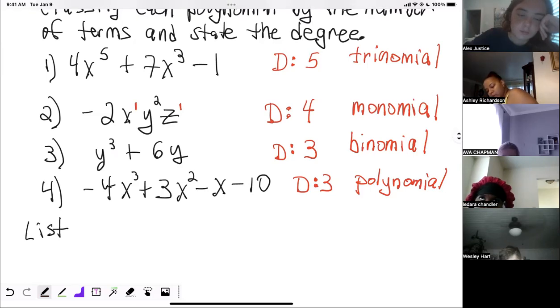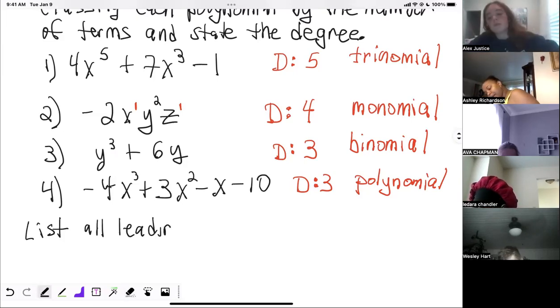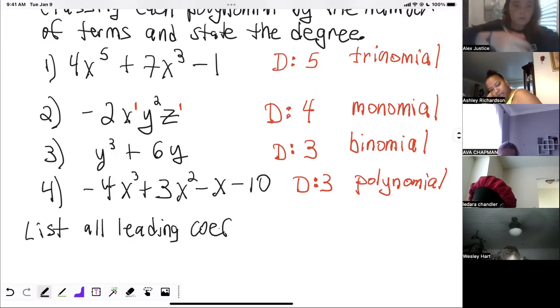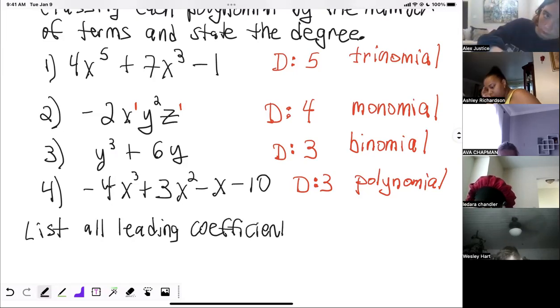I have something else I want you to do. List all leading coefficients from above.